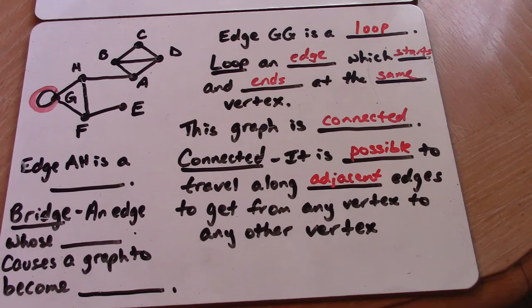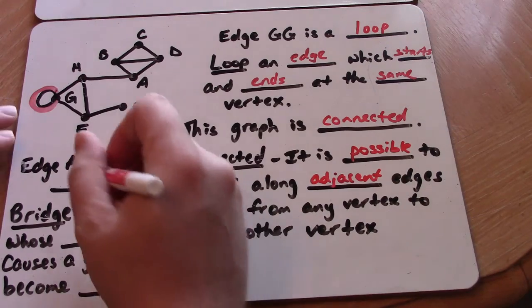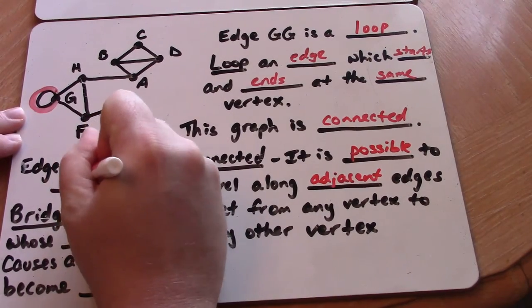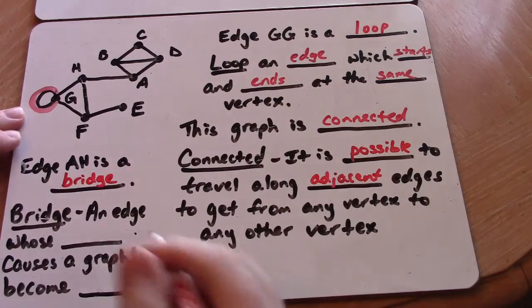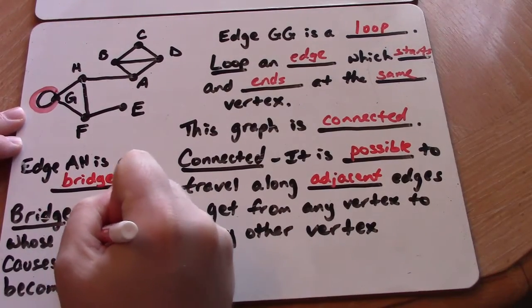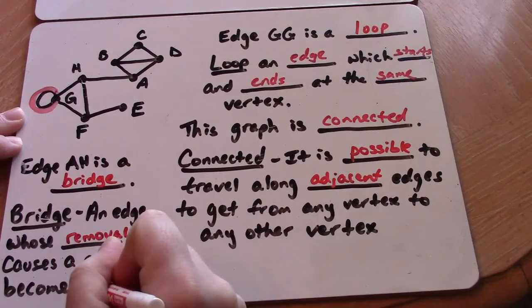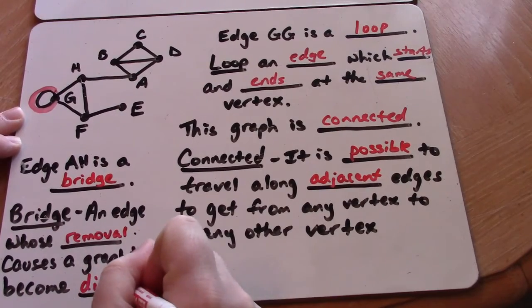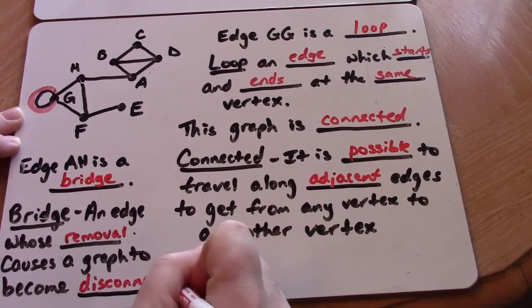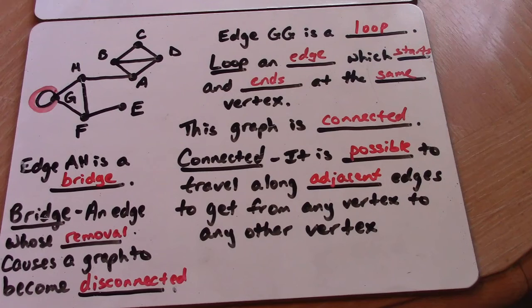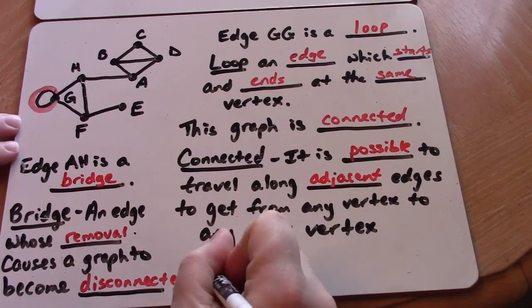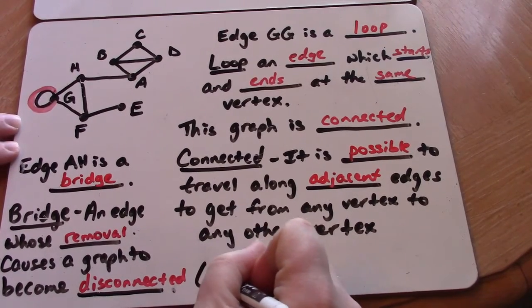Okay, next up, edge AH is called a bridge. A bridge is an edge whose removal would cause the graph to become disconnected. There are a total of two bridges in this particular graph. The other bridge is EF.